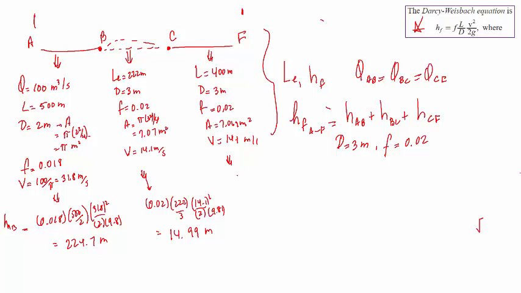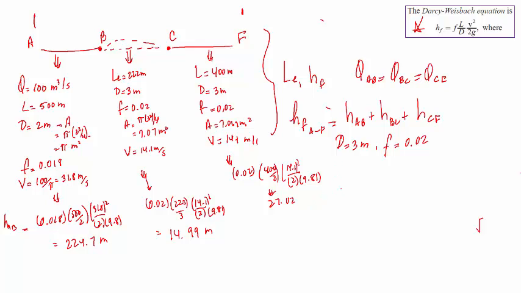And then the one here would be 0.02, 400 over 3, 14.1 squared over 2 times 9.81, and so the head loss here is 27.02.